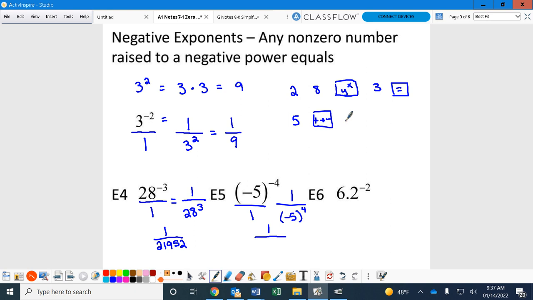And then you're going to type in that power button, and then the 4, and then equals. Alright? What's that give you? 625. I apologize. I heard the 6, but I couldn't hear the rest of it. 625. Perfect. Awesome.